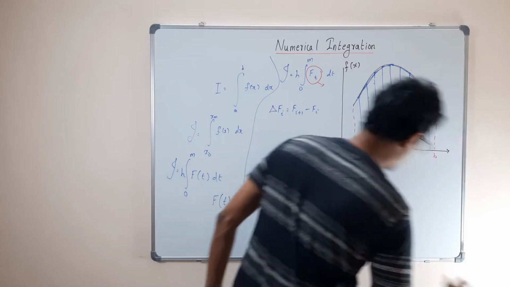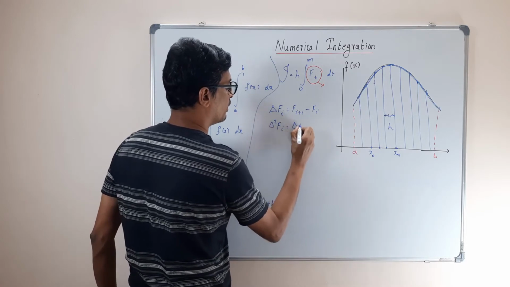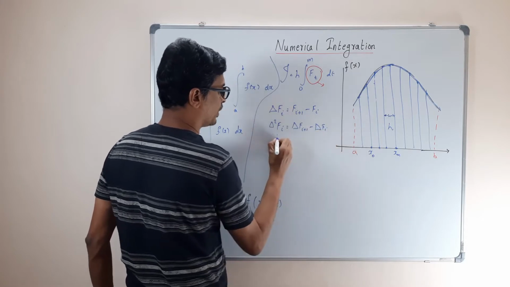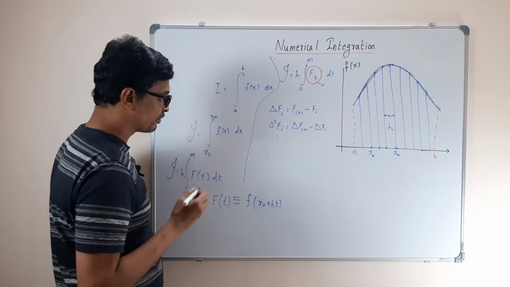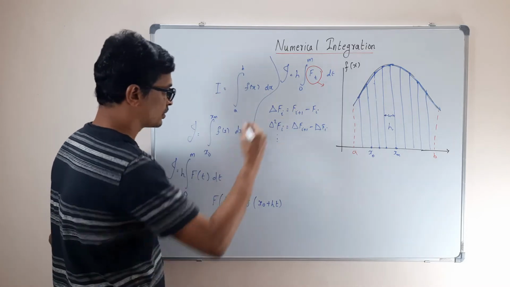This is correct, right? Then delta square f of i will be equal to delta f of i plus 1 minus delta f of i. We keep on going like that, and I'm not going into that, you can refer back to the old lectures on how we did it.